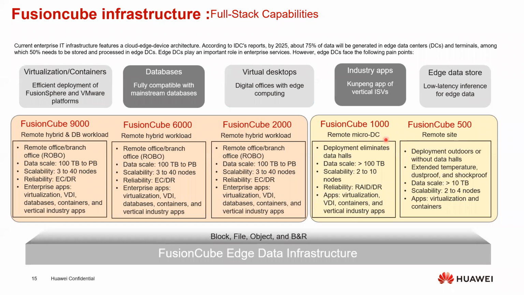The yellow zone is pointing to your remote office or branch office, or you can say the edge computing layer, where you have many branches or hub stations where you need to deploy some IT components. These are pre-ready and pre-configured to deploy directly and start the business at the remote locations. FusionCube 500 and FusionCube 1000 are the two models available. We will go deeper to understand these two models.